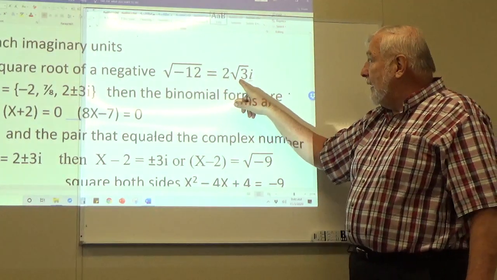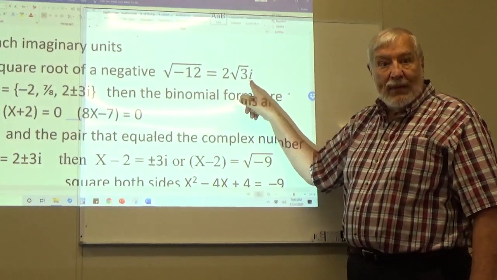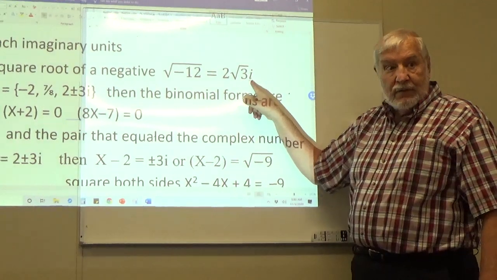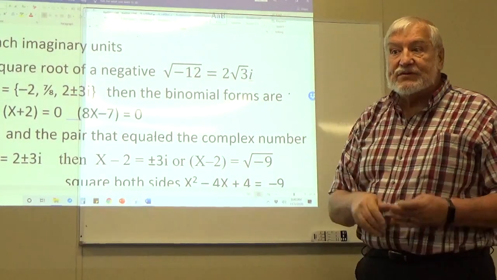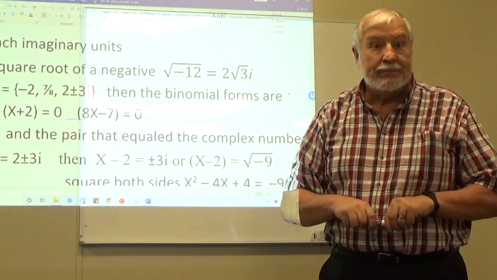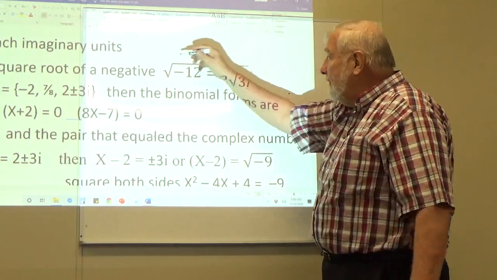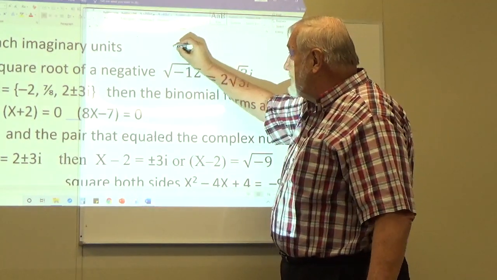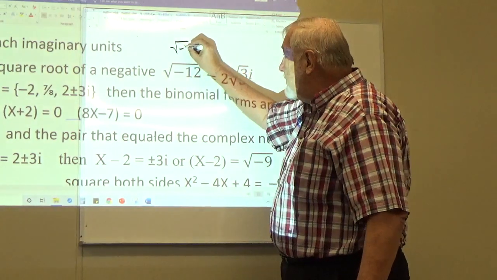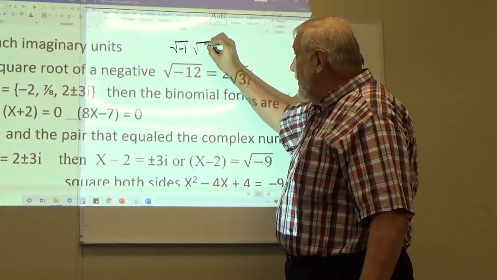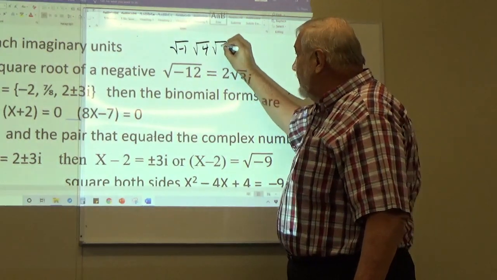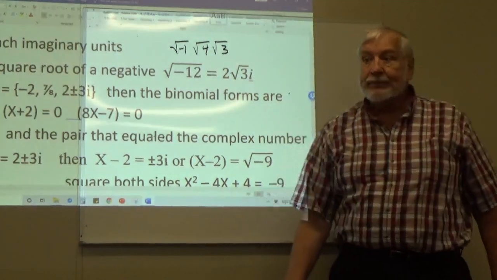Now, what does i represent? i represents the square root of negative 1. So if I'm going to interpret this, I'm going to break it down into the square root of negative 1, the square root of 4, times the square root of 3.